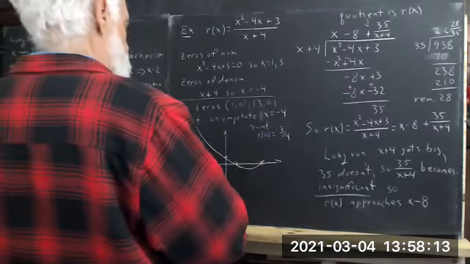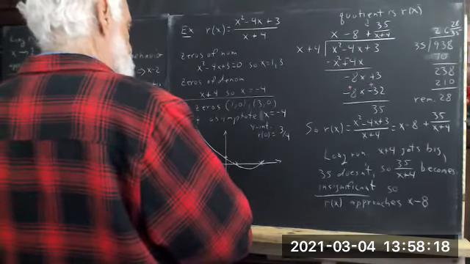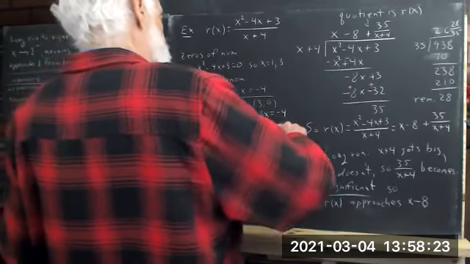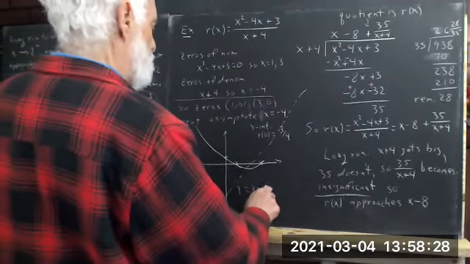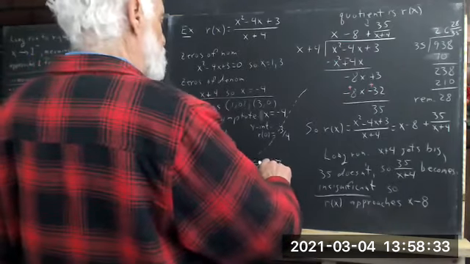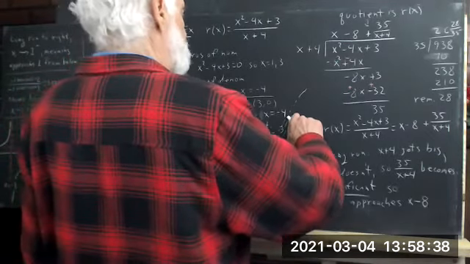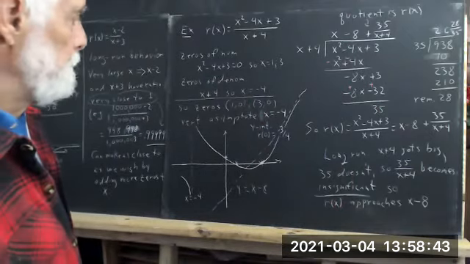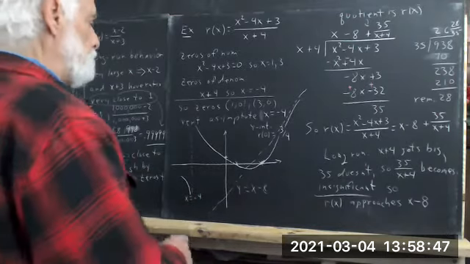So my graph of x minus 8 maybe looks something like this. And what's going to happen then is this graph is going to come up here and gradually approach this line as an asymptote. We call this a slant asymptote.